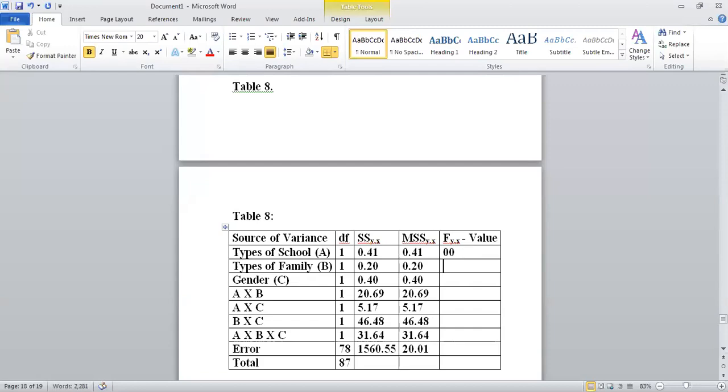Then it is 0.10, then 0.02, and then 1.03, and then 0.26, and then 2.32, and then 1.58. Now these are your different F values.